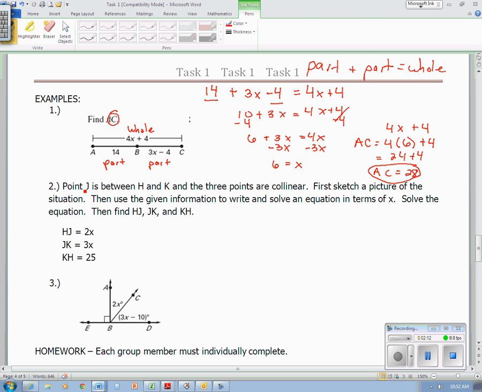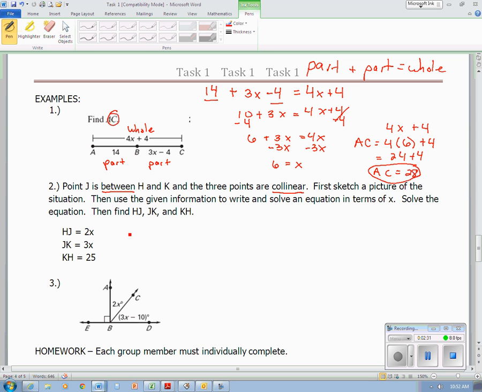Okay, so next it says that point J is between H and K. So the first thing I need to do is draw my picture. And the 3 points have to be collinear. And collinear means points on the same line. So let's draw this picture.